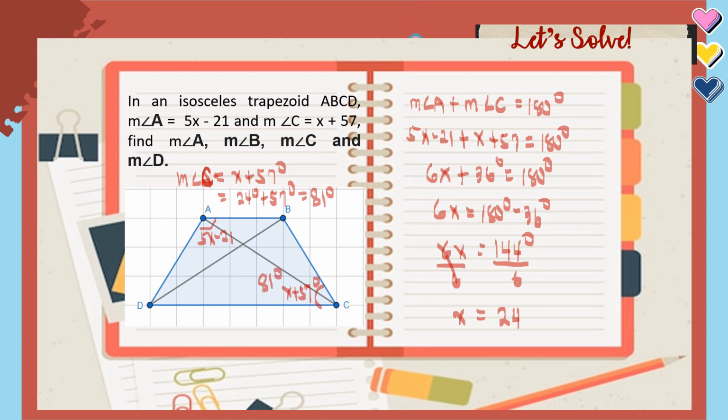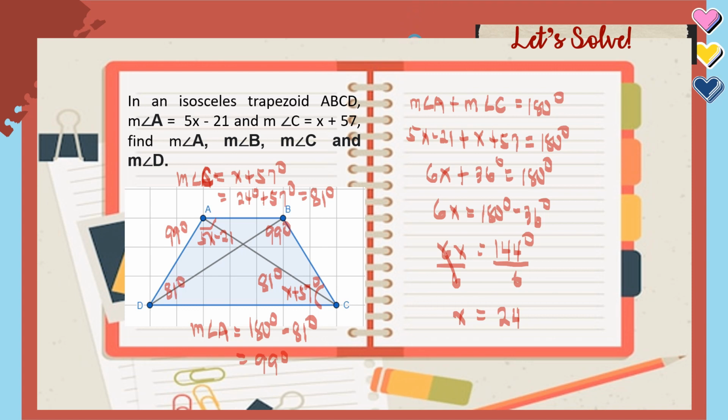Since angle A and angle C are supplementary, the measure of angle A is 180 degrees minus 81 degrees, which is 99 degrees. Since angle A and angle B are congruent base angles, angle B is also 99 degrees. Since angle D and angle C are congruent, angle D is also 81 degrees.